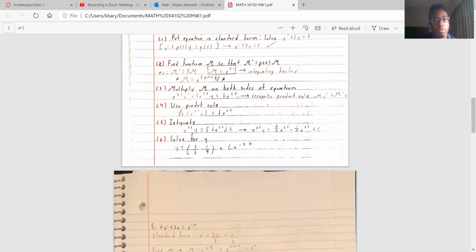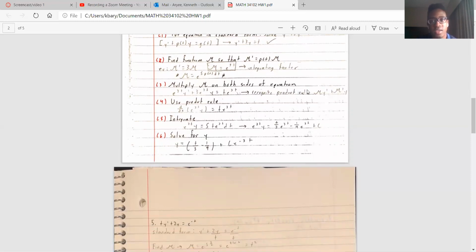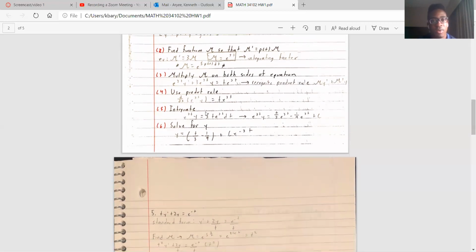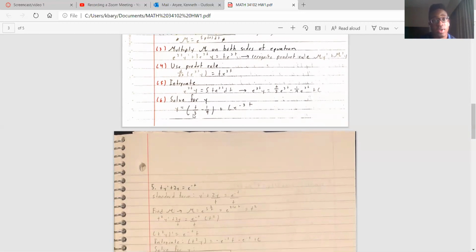Then once you get mu, you multiply mu on both sides of the equation, and you should see that it gives you the product rule, which we learned back in Calculus 1. And after you see that it gives you the product rule, you can take the integral of both sides, and then at the end you solve for y, and that is how you solve the equation using the integrating factor method.